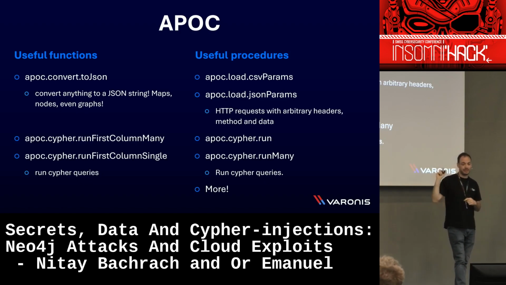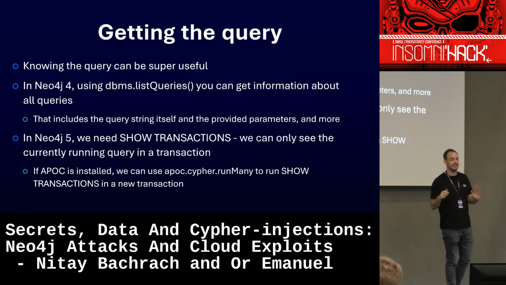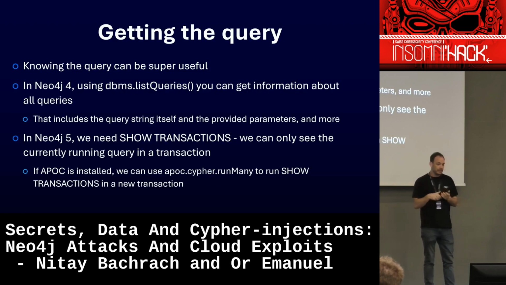Another cool one is apoc run many, which is very similar to apoc cypher run, except that it creates a new transaction. And now, before I explain why it's interesting, let's talk about getting the query. Knowing what the query is, if we are injecting, is very useful. If anyone here has ever used SQL injection or any other kind of injection, I think it's very obvious why knowing what the query is is useful.